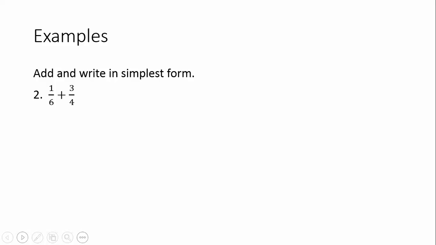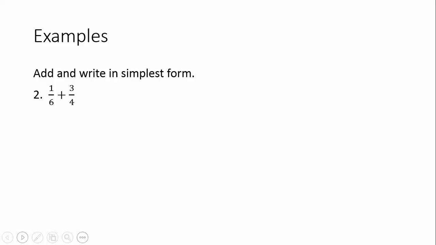See if you can try this one on your own. We want to get a common denominator, 1/6 plus 3/4. Remember, the easiest way is to just multiply the two numbers together, but that's not always the best way. Some of you may look at 6 and 4 and realize that there is a number smaller than 24 that both of these numbers go into.